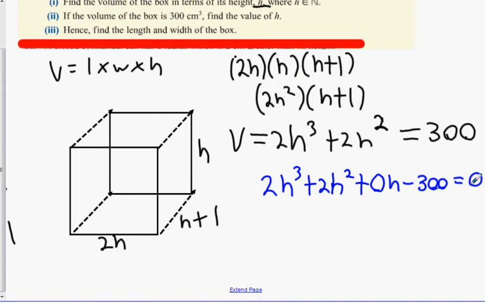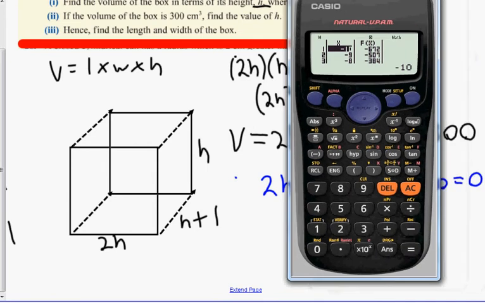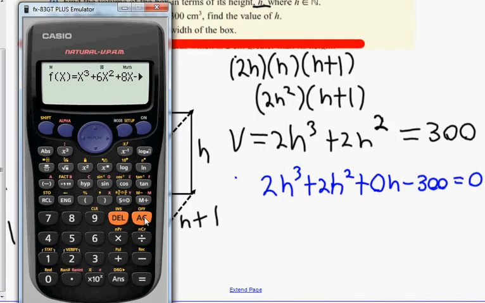What do we do next when we're solving one of these from scratch? How do we find the first root? Calculator. Say it's x: 2, 0, 0, 300, minus 10 to plus 10, step of 1.